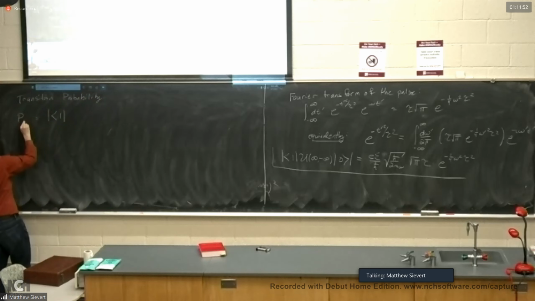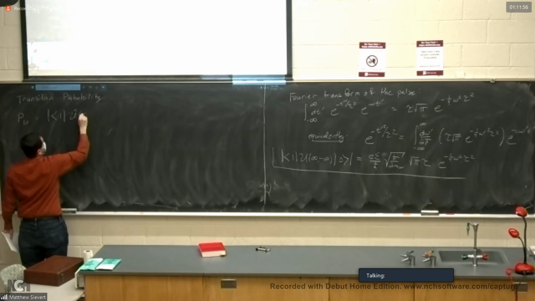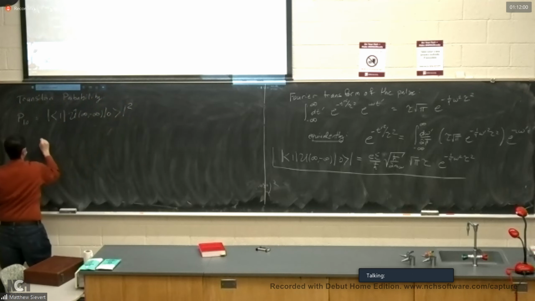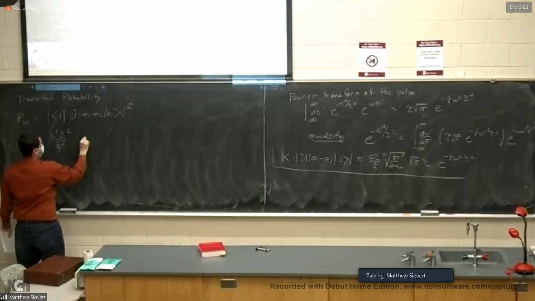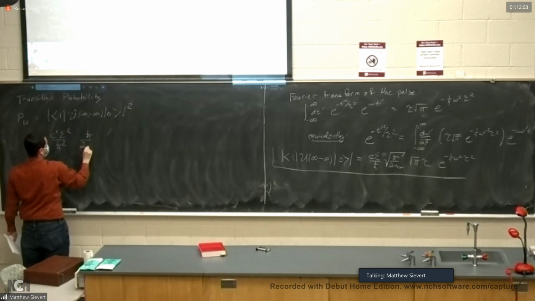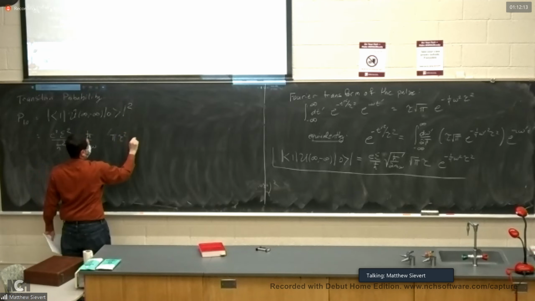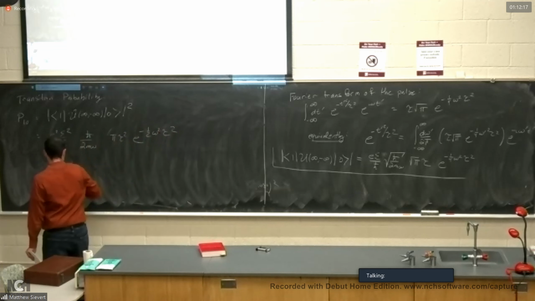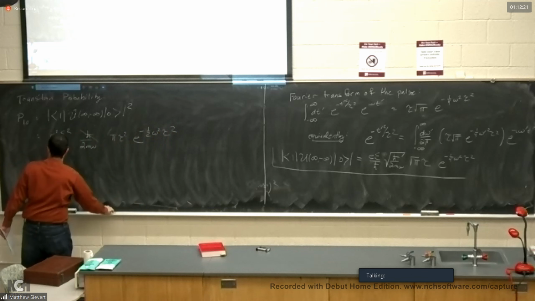In this case, the final is 1, the initial was 0. And then squaring the answer is trivial. e squared over h bar squared, h bar over 2m omega. I have pi tau squared e to the minus 1/2 omega squared tau squared. So if you want, you can simplify it a little bit, but this is it.